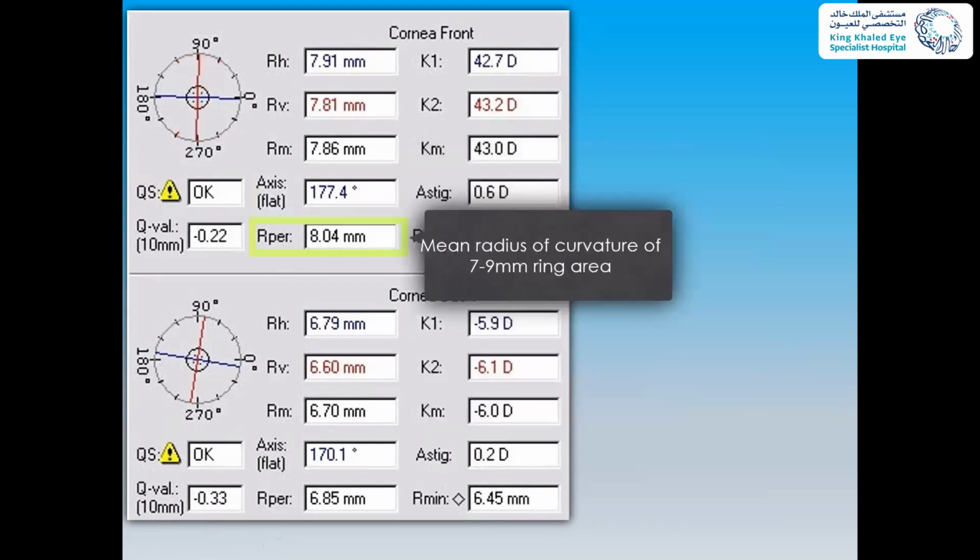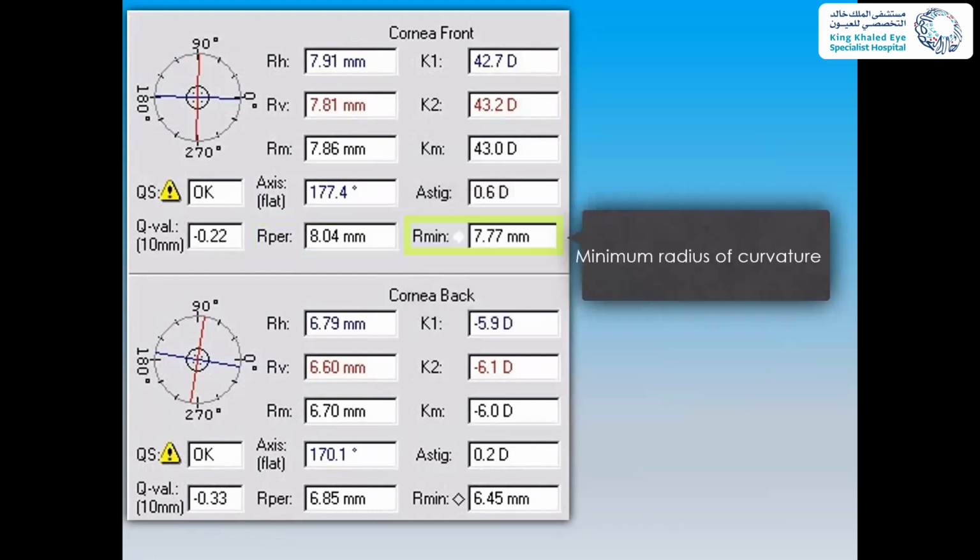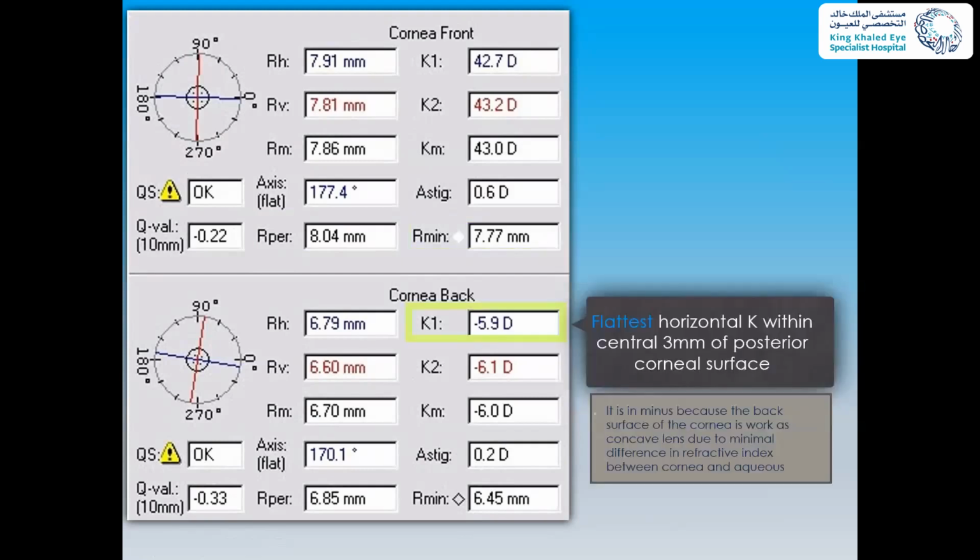And we talked about this. This RPR is basically the radius of curvature at the 7 to 9 millimeter, or 8 millimeter, ring area, and this is the minimal radius of curvature, 7.77 in this case. The back cornea again has K1 and K2, and it is in minus because the back cornea behaves more like a concave lens, since it sits in the aqueous.